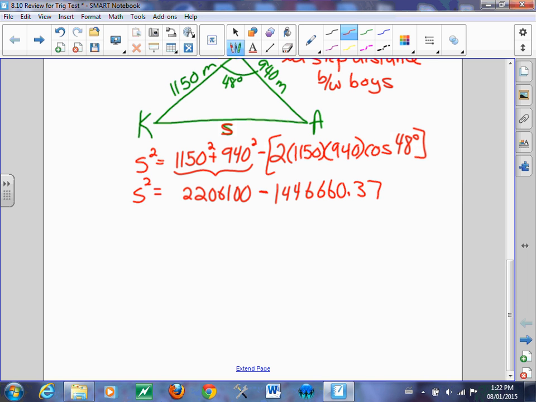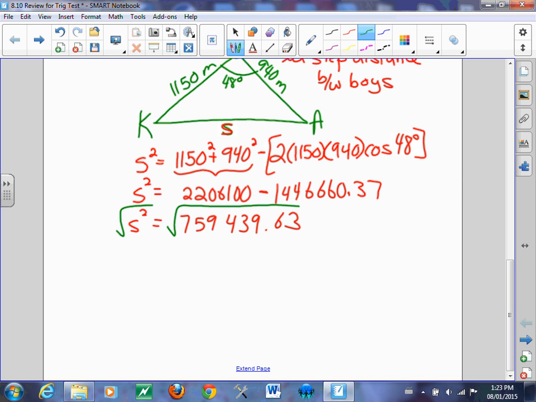Use your calculator to get the difference between it, and you've got 759,439.63.